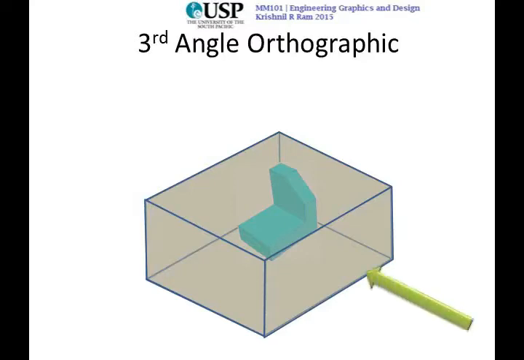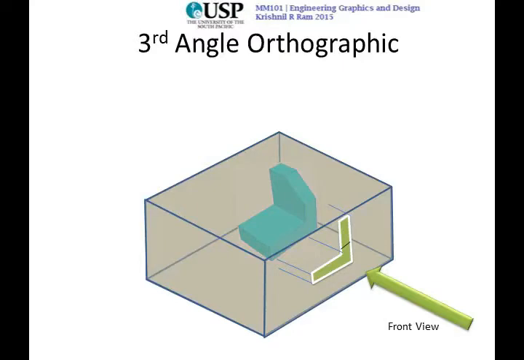For example, if I'm looking at this in the frontal direction, then I would have the front view on the nearest plane. And in some cases we like to say that the plane is in between the viewer and the object for third angle projection.